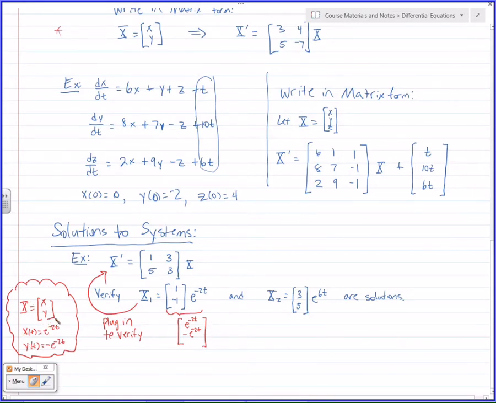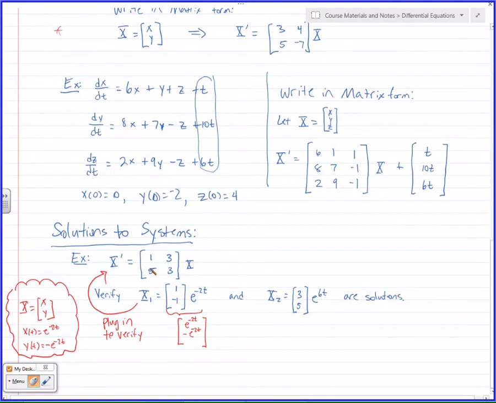I just want you to see that when I've given it to you in this form, it's still a way of writing down the solution to the x component and the solution to the y component. What I want to do is verify that it satisfies this, which means do the same thing we did in chapter 1: plug it in on the left-hand side, plug it in on the right-hand side, and see that you get the same thing. On the left-hand side, I've got to take the derivative. On the right-hand side, I've got to do a matrix multiplication. Just check that I get the same answer both times.